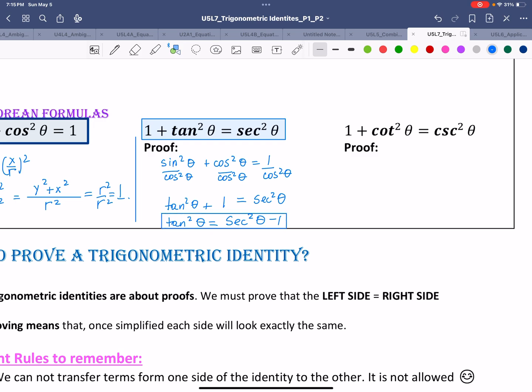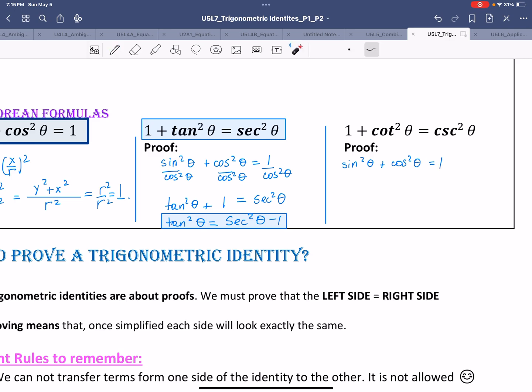So the last one is the cotan or the reciprocal of tan formula. And to prove this formula in here, we can simply follow the same process as we did for tan. So we start off with sine squared plus cosine squared, which is equal to 1.